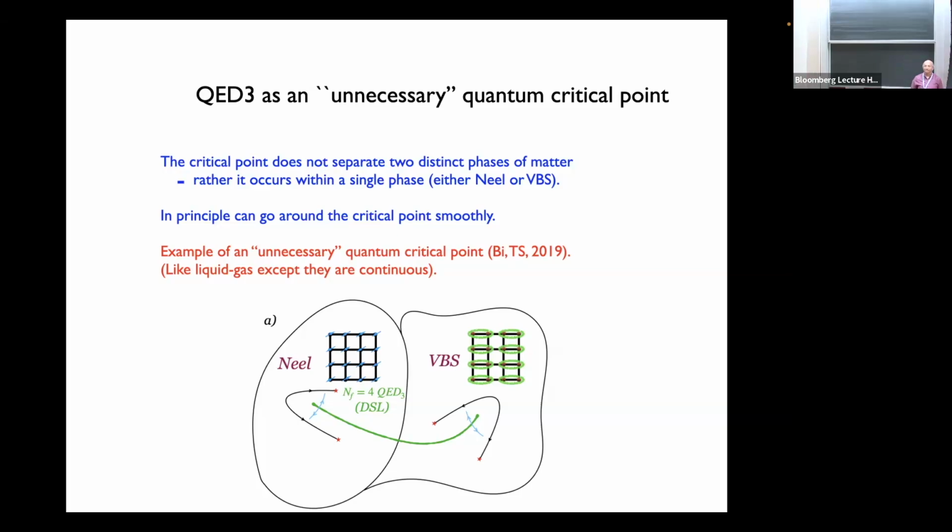Is there something interesting that one can say about the endpoint of your green curve? Yeah. There is a different field theory that's a candidate for this. You take this QED3 Lagrangian, and then you add a Gross-Neveu type interaction to a field that transforms in the vector representation of SO(3).